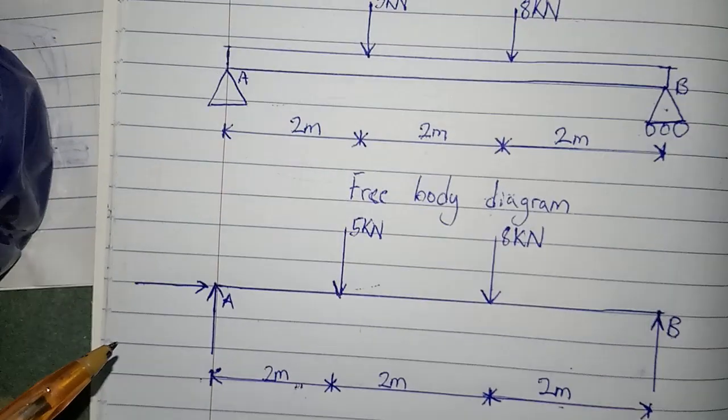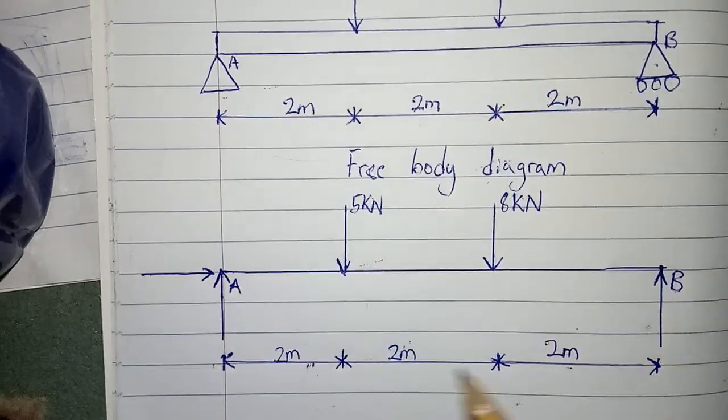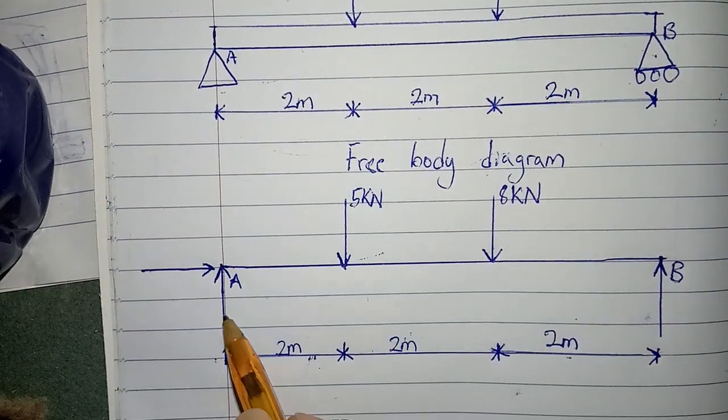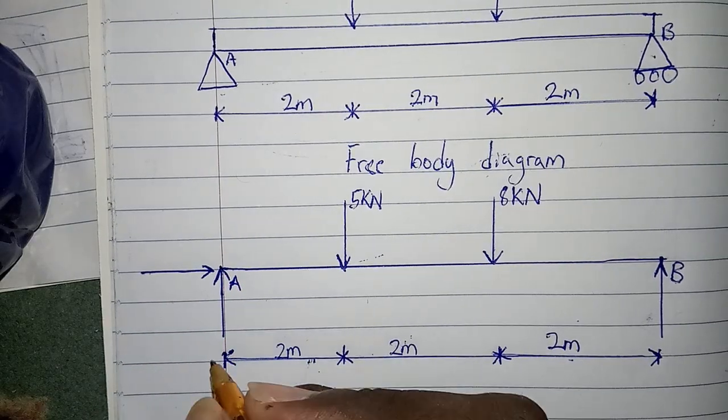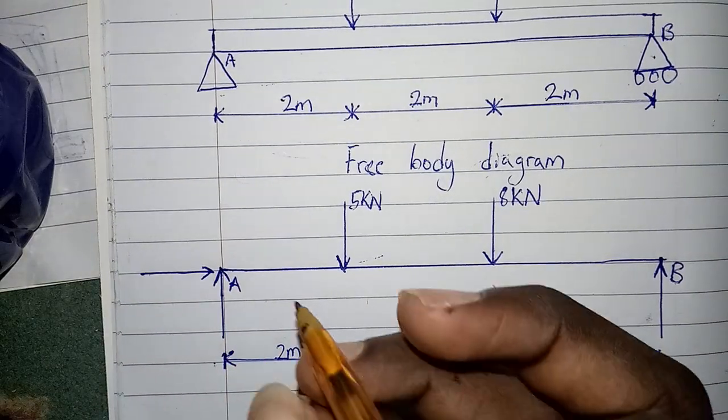So for a pin support, it has two reactions, which is horizontal reaction and vertical reaction. So let's name it as this.